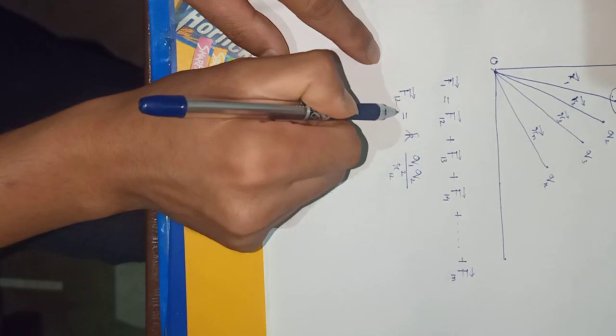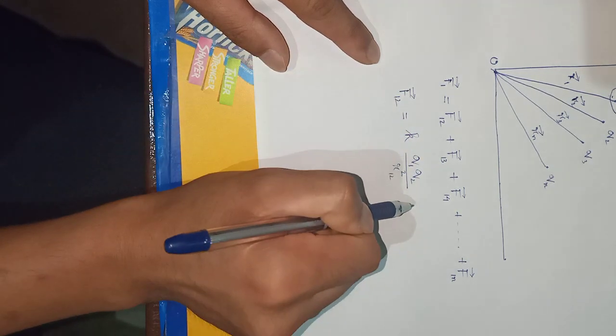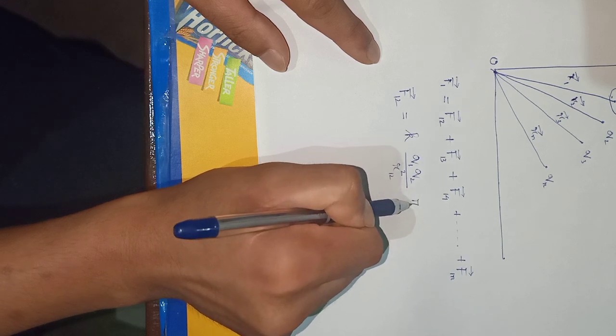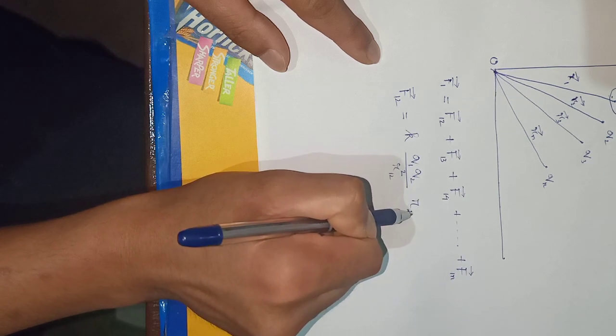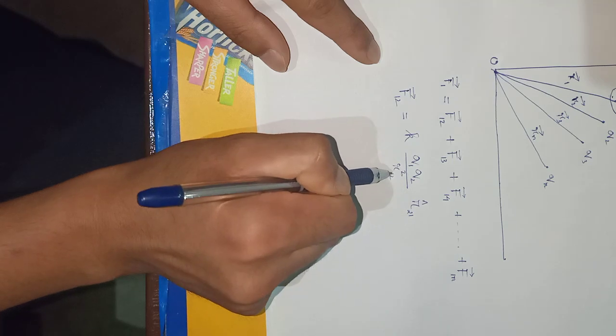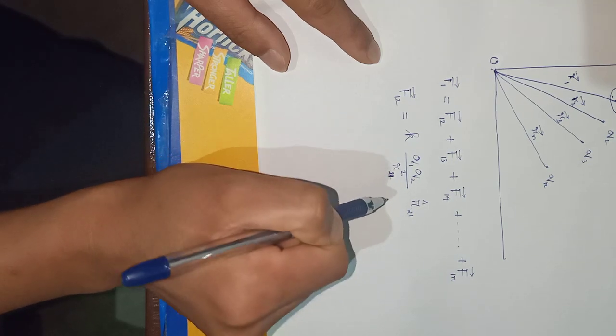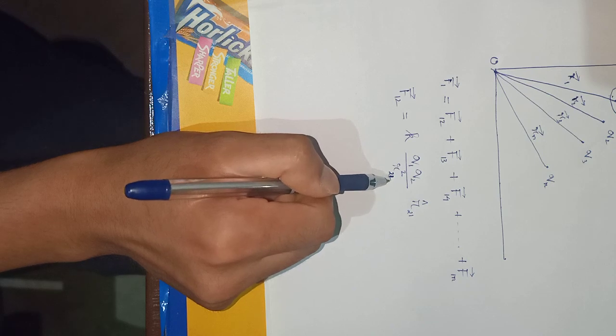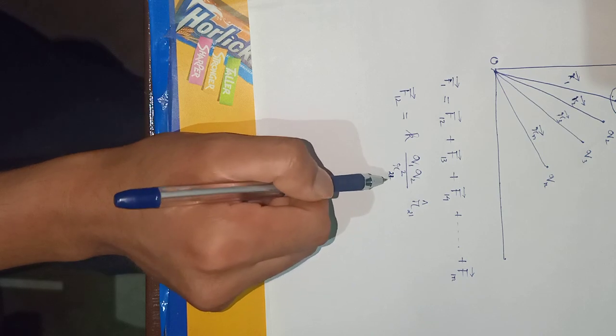Since I have written it in vector form, I have to represent the direction by a unit vector, that is R21, where R21 is the distance between the charges Q1 and Q2.